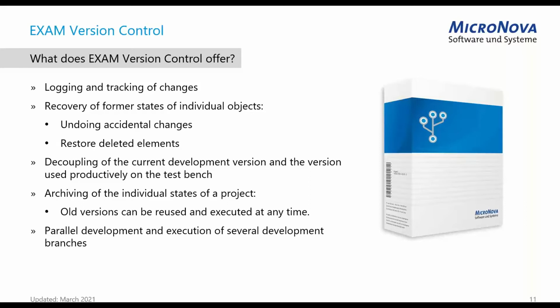You can create baselines, and old versions of those baselines can easily be reused, recreated and executed at any time. So for any regression tests of former or older test cases, you can just switch back to this old version. And one of the standard features that comes with EXAM version control is that you can realize parallel development and execute your tests based on a separate development branch.